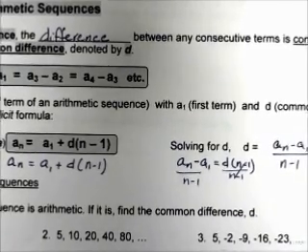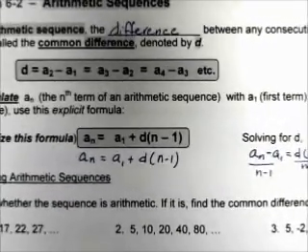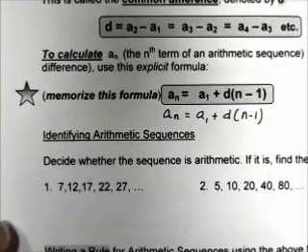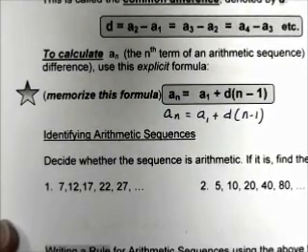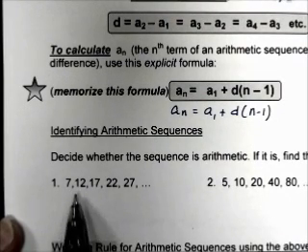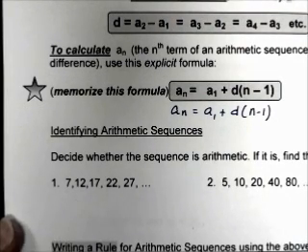Identifying arithmetic sequences. Decide whether the sequence is arithmetic. If it is, find the common difference d. Okay, to determine if it's arithmetic or not, you want to see, does it have a common difference? Is the difference of two consecutive terms a constant?